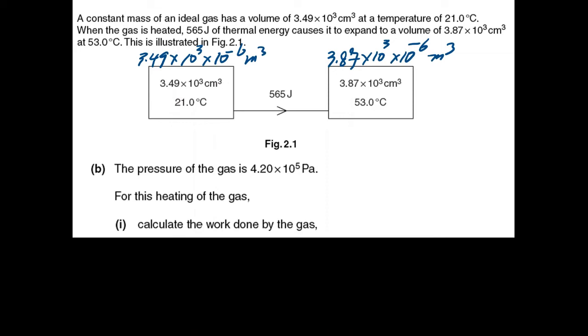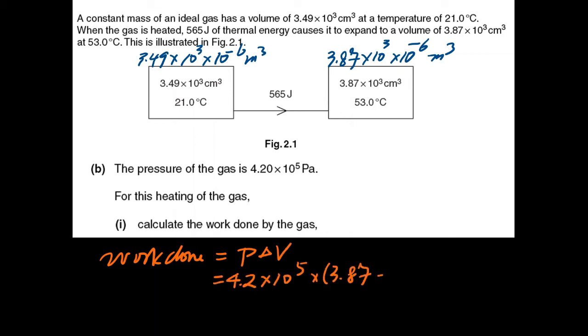Now we can find work done, which is equal to constant pressure times change in volume. Pressure 4.2 times 10 to 5 times final volume 3.87 minus initial volume 3.49 times 10 to 3 times 10 to minus 6. That gives us 160 joule.